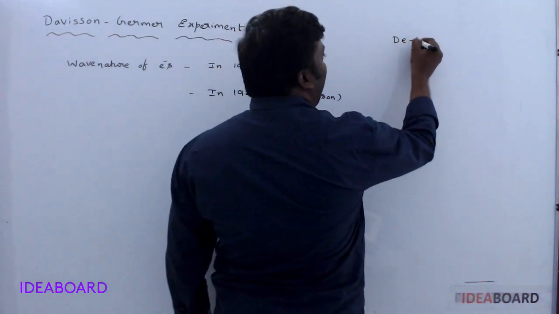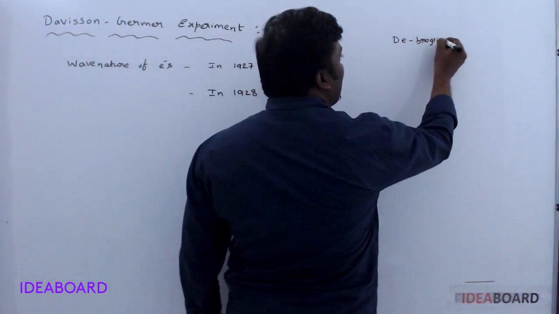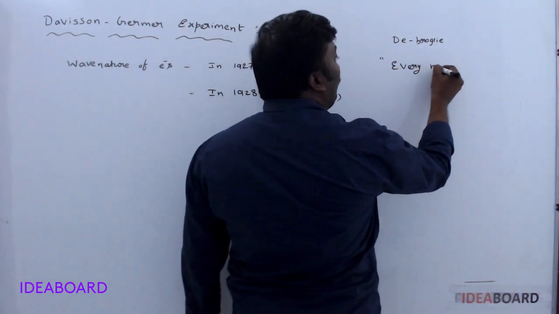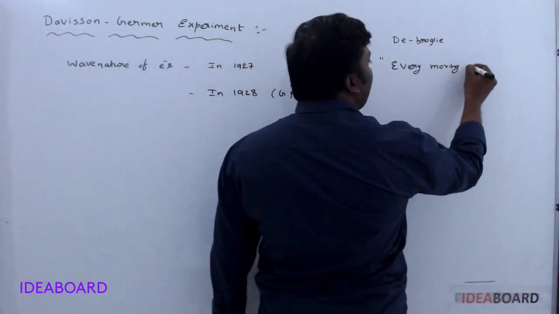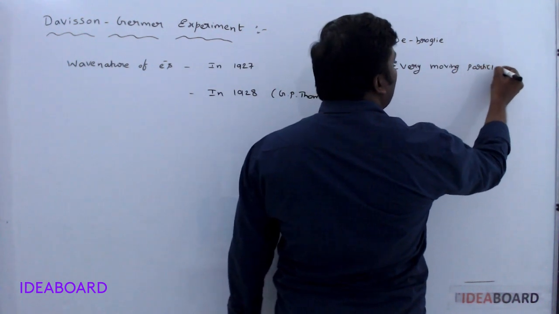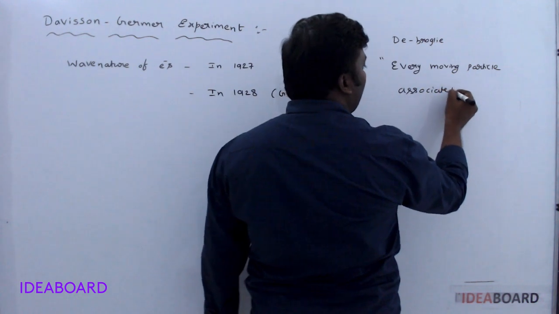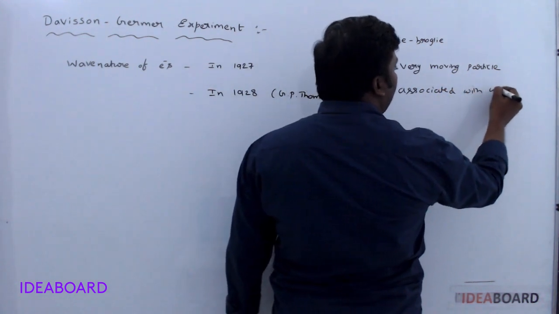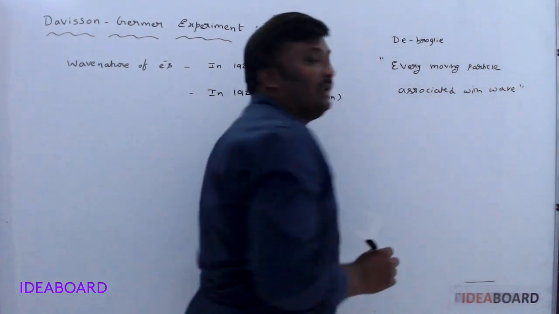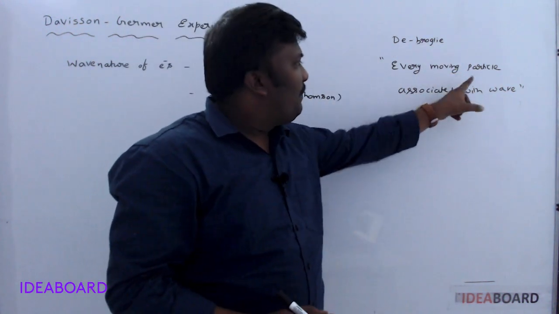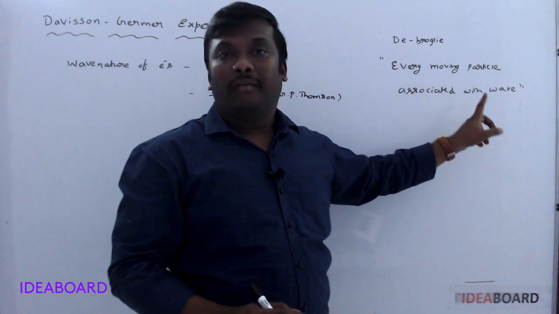According to the de Broglie hypothesis, every moving particle is associated with a wave. Theoretically, he said that every moving particle is associated with the wave.